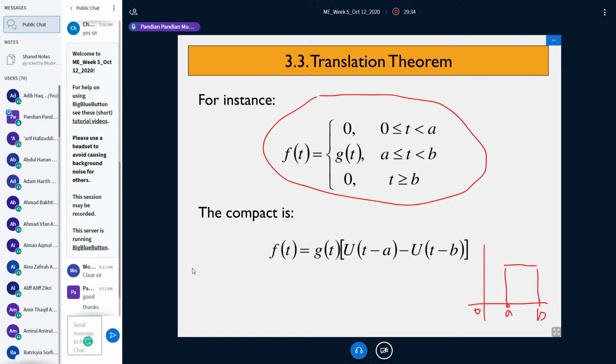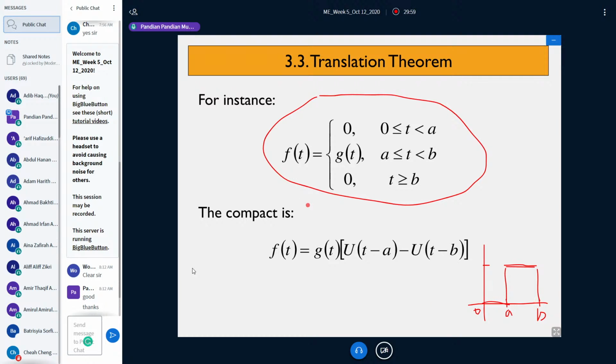So 0 to a is 0, and then from a to b, this is your g(t), another function. It can be a horizontal line or any curve also possible. I put a horizontal one here, easy to see.